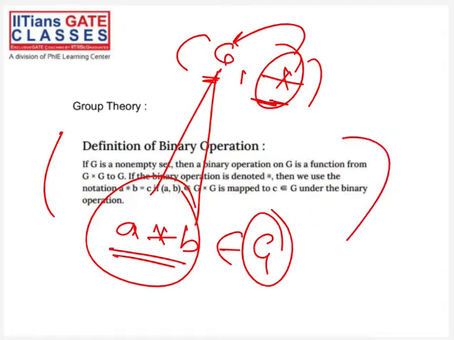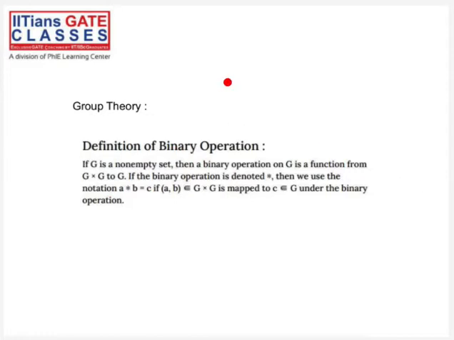Now, if you are given a base set and an operation, you can easily find whether that operation is a binary operation or not. In group theory, remember, binary operation is defined like this, so don't confuse it with other subjects.